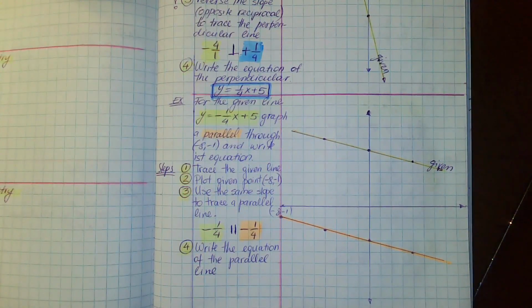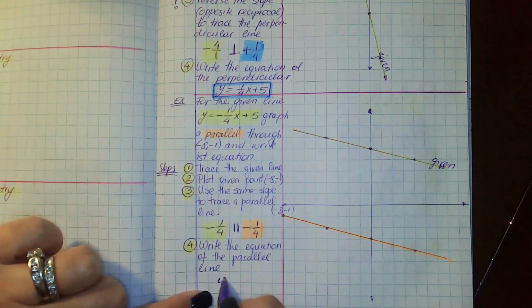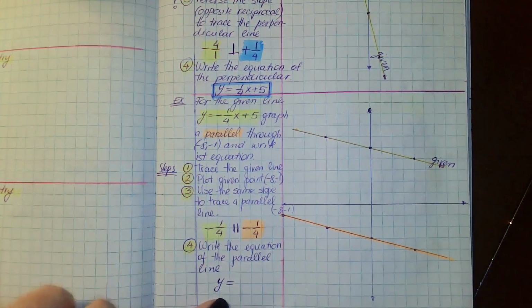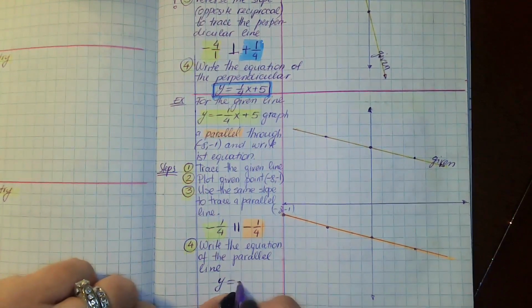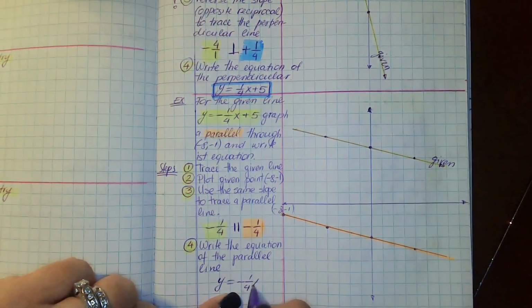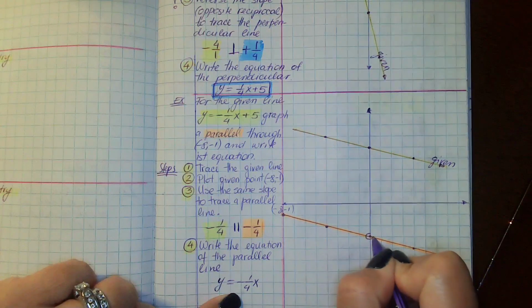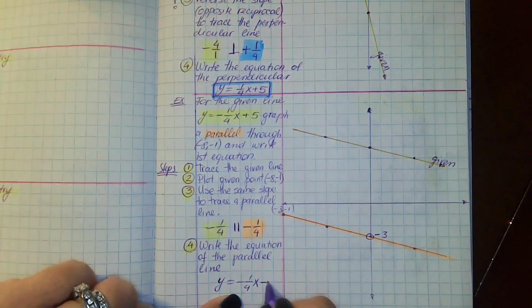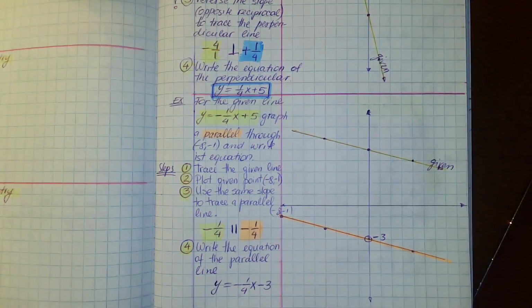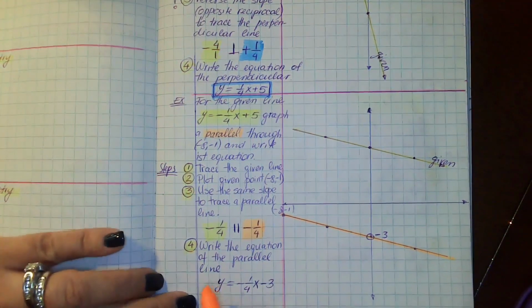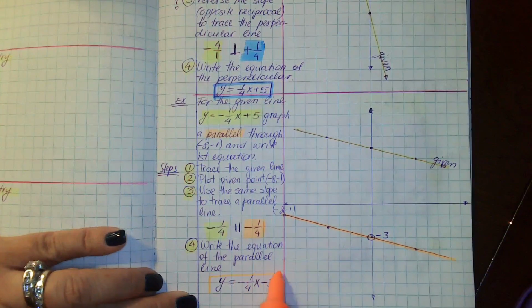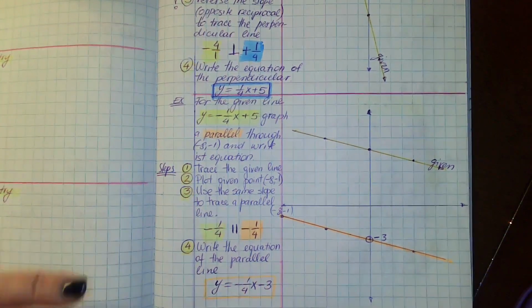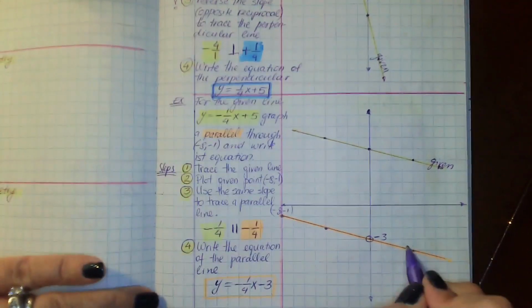What do we need to write the equation of the parallel line? We need the slope-intercept form, y equals mx plus b. So y will have the same slope, -1/4 x, and then the y-intercept from the graph is -3. So y equals -1/4 x minus 3 is the equation of the parallel line to the given line.